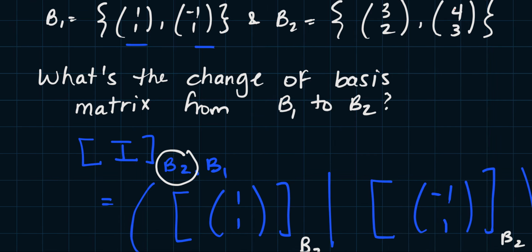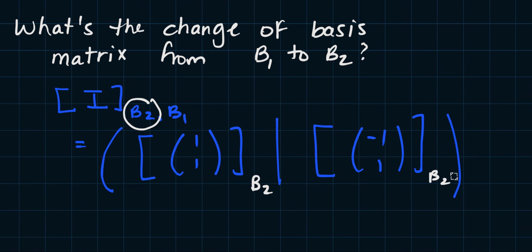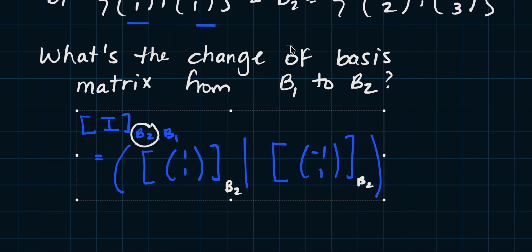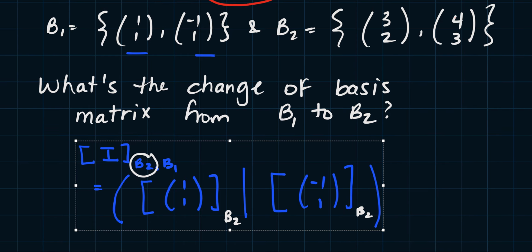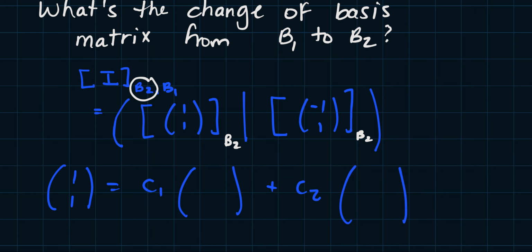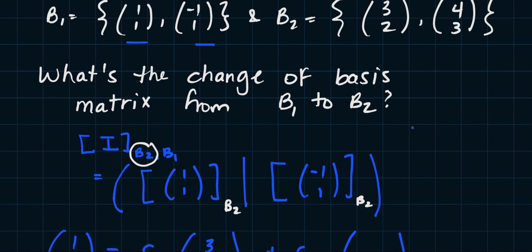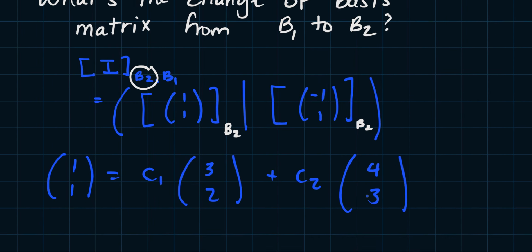Let me make this a little bit smaller. Okay. So we're going to put 1, 1 here. I want to find a C1 and a C2 such that we have these vectors 3, 2, and 4, 3. Find the C1 and the C2 that give us this vector 1, 1.